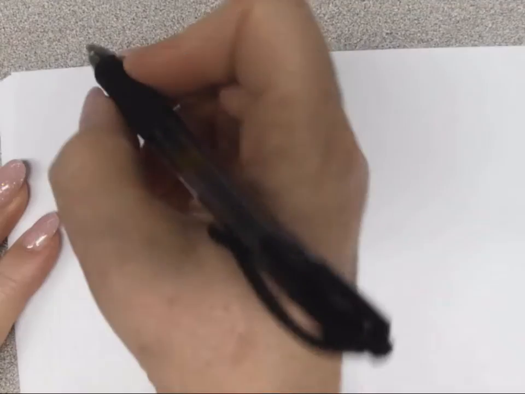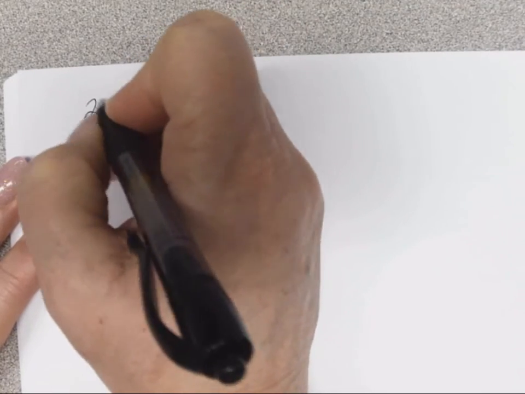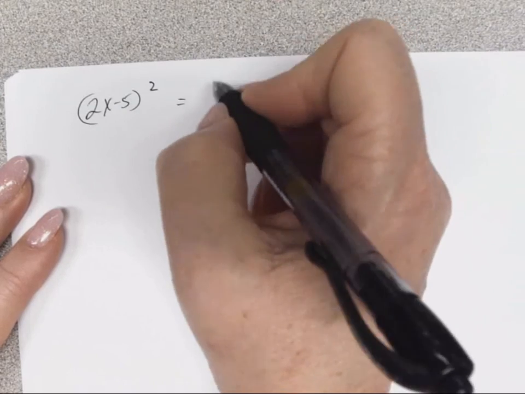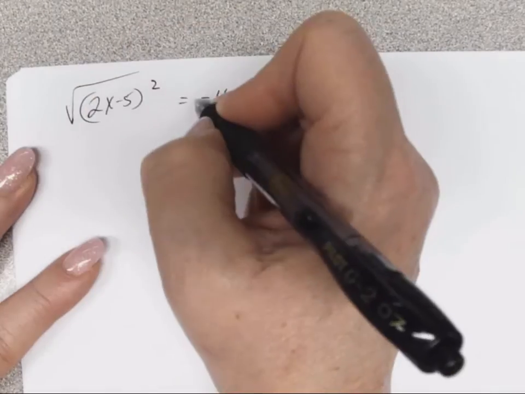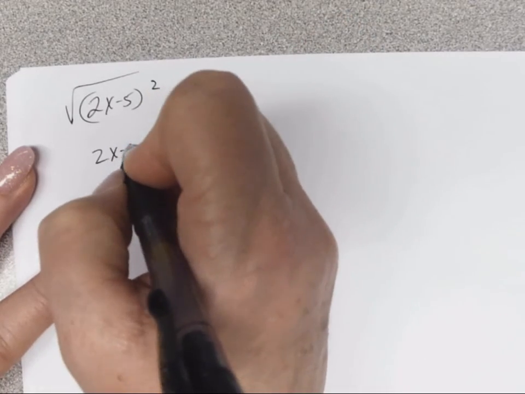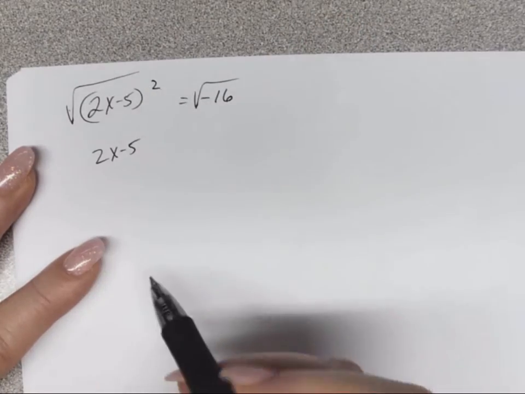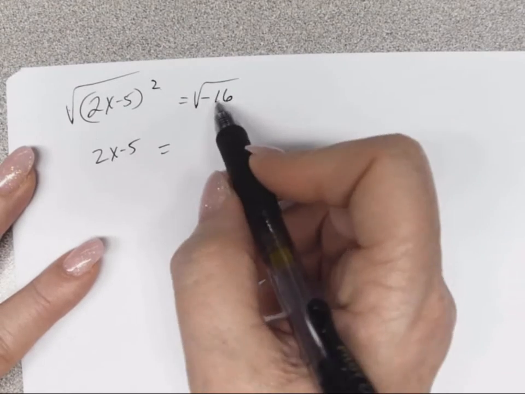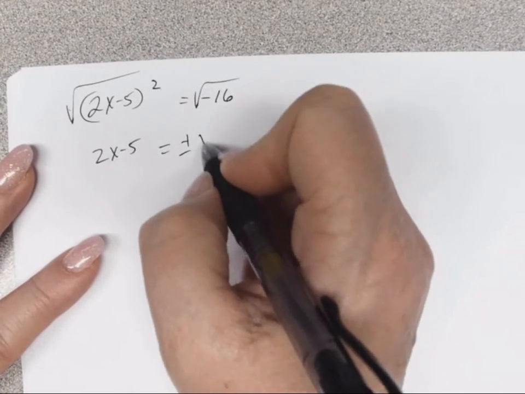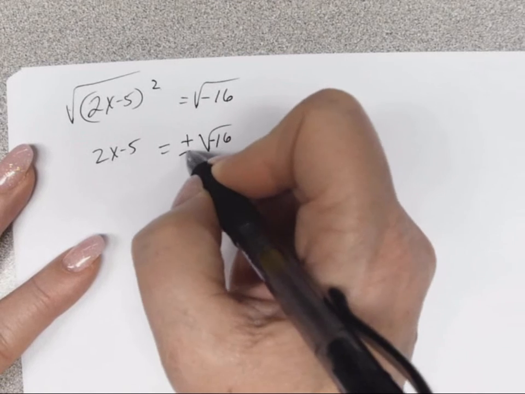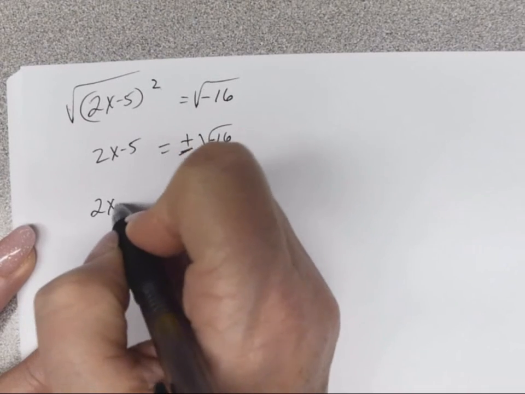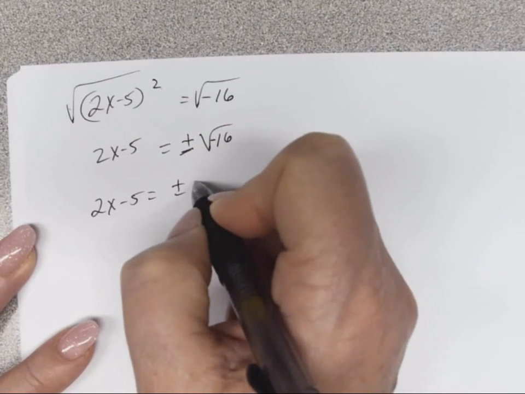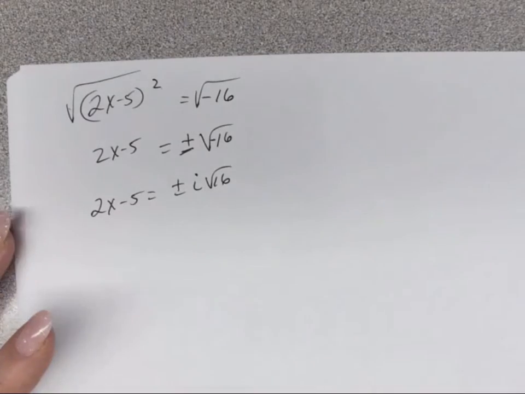All right, let's look at the next problem. We have 2x minus 5 squared is equal to negative 16. So we're going to take the square root of both sides, and we end up with 2x minus 5, because again, it will cancel that squaring, is equal to plus or minus the square root of negative 16. We have to take care of the negative. We've learned before in a previous lesson that means we're going to take an i out. So 2x minus 5 is equal to plus or minus i square root of 16.